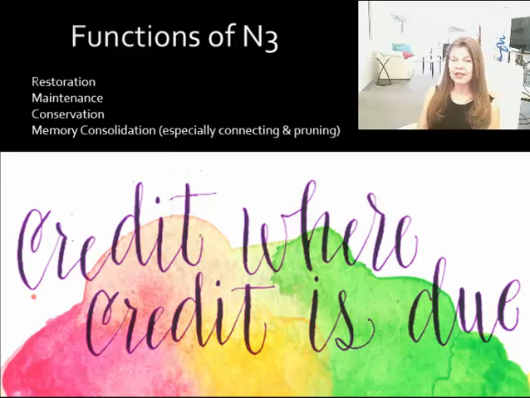In fact, it is believed that the conservation of resources that occurs during sleep is solely a function of N3. This is accomplished by reduced metabolic rate, reduced expenditure, and the reduction of brain and body temperature. Let's look more closely at that third metabolic factor, reduced body temperature.